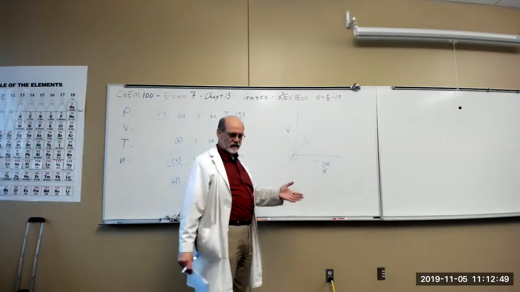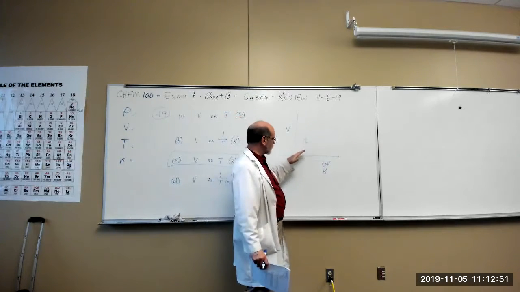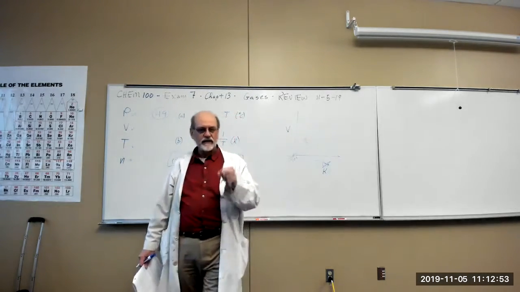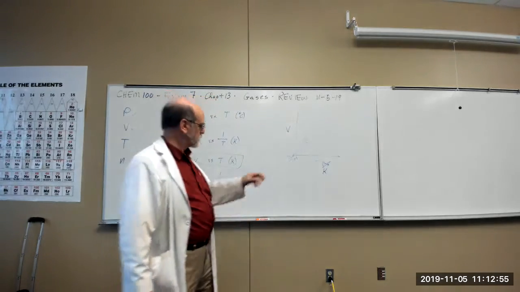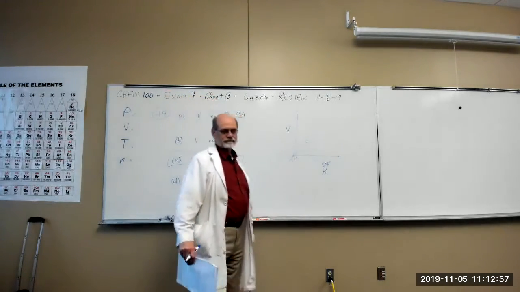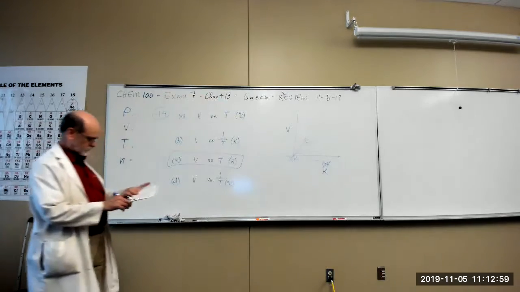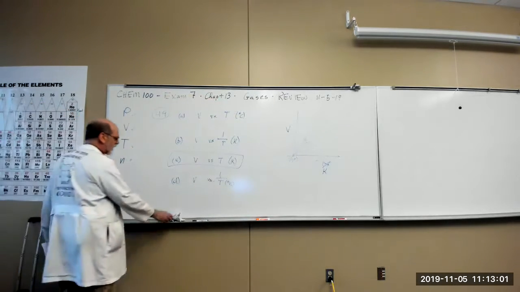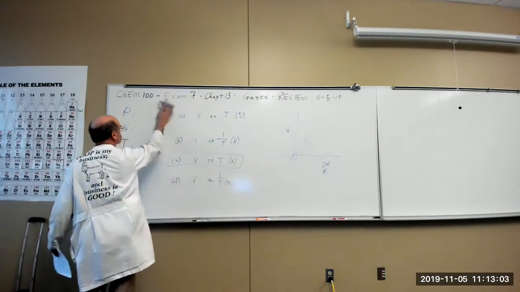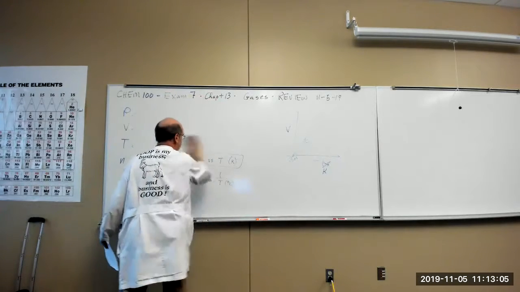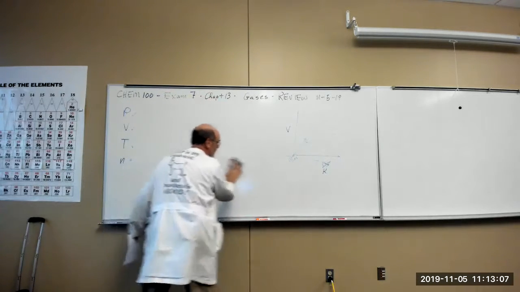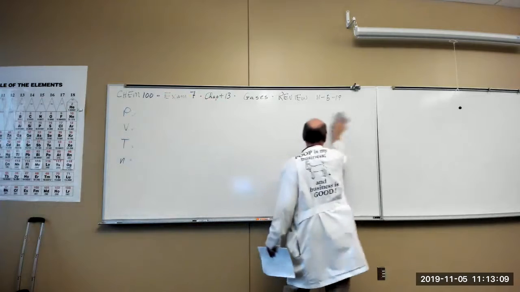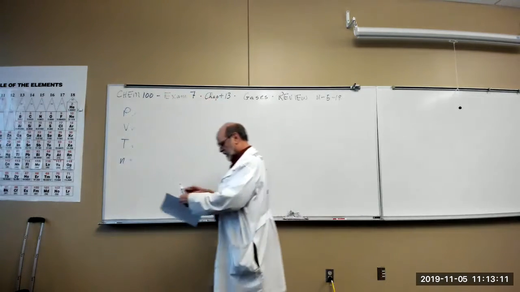But as it turns out, all gases plotted this way originate from 0, 0. Okay, I don't think we covered that one in class, but that's a good one. Let's see what else I can find.